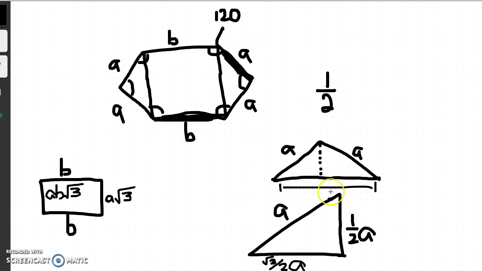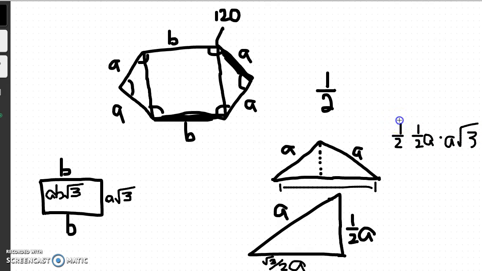This is A root 3, and this is 1/2 A. So the area of this triangle would be 1/2 base times height, 1/2 times A times A root 3. That's the area of one, and now there's 2 triangles like that.